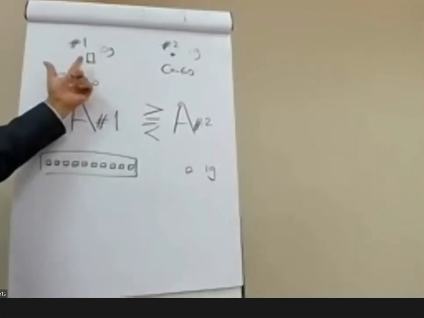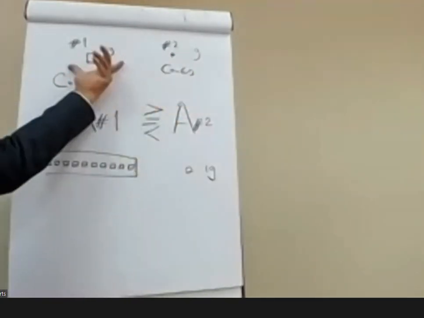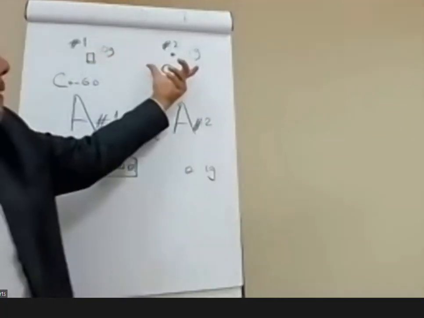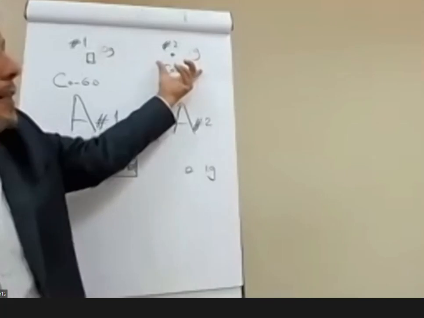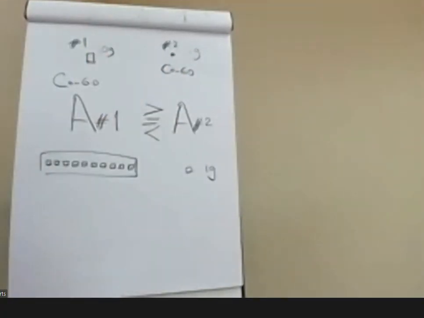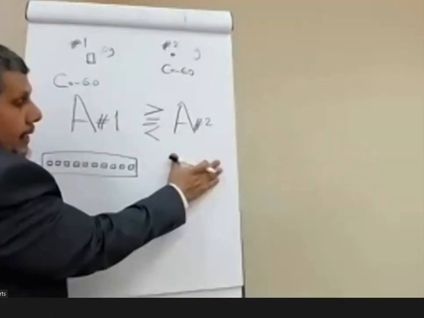We have 10 times more than this source. The number of cobalt 60 atoms here is greater than the number here 10 times. 10 grams, 1 gram, 10 times. This means the activity here is greater than here.